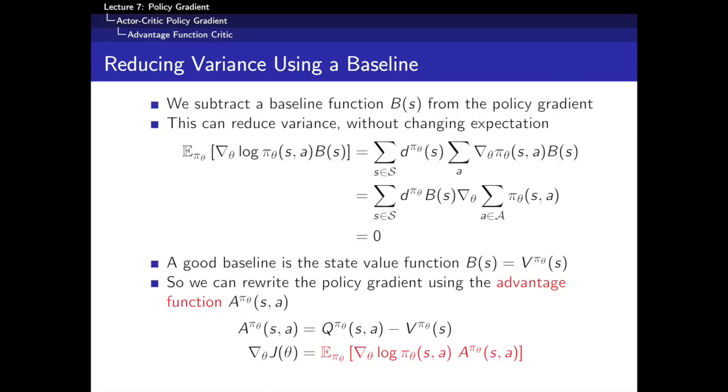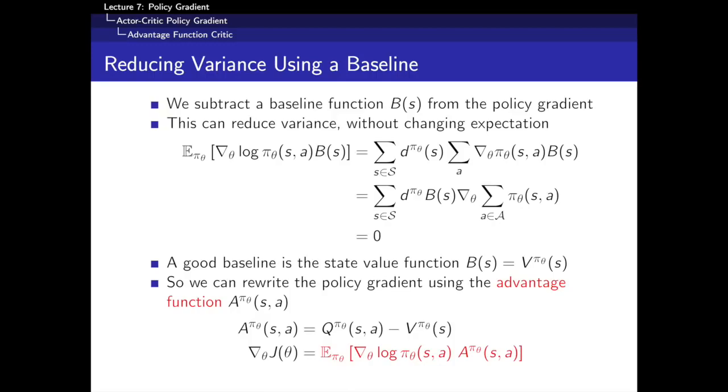But what this result tells us is that we can add or subtract anything we want from this q, as long as that thing is just a function of state and not a function of action, so as to control the variance of this whole term. We want this expectation to be low variance, but we don't want to change the direction of ascent. And there's a particularly nice choice that we can pick for this, which is going to have some nice consequences for us.